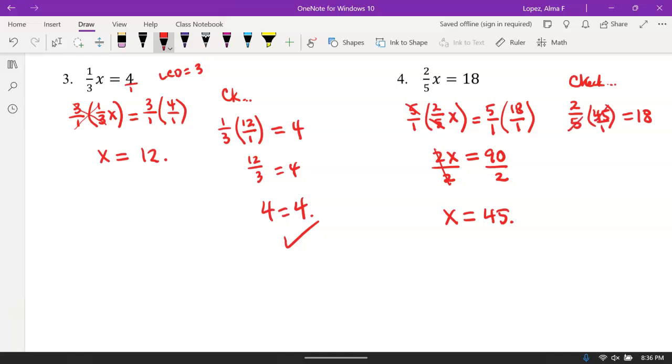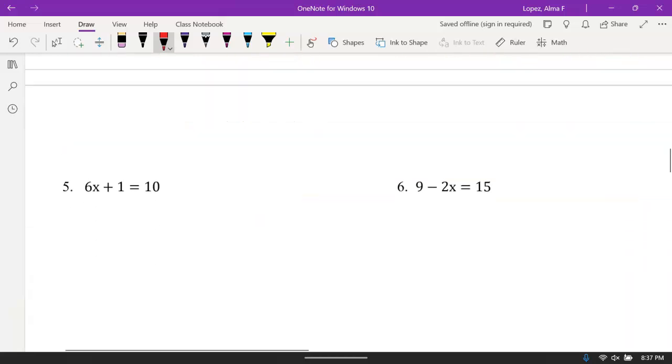The 5 and the 45 both have a factor of 5 in common. 5 divided by 5 is 1, and 45 divided by 5 is 9. When I multiply straight across, I get 18 over 1, which is 18. And it checks out, doesn't it? We got it correct. That's how you do it.